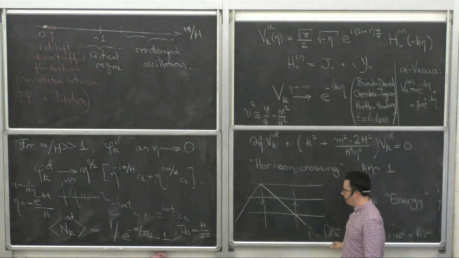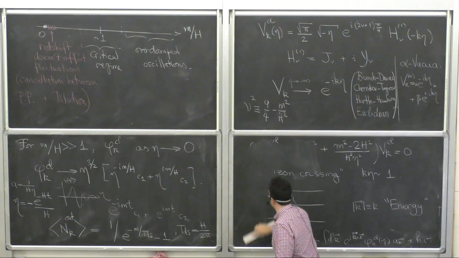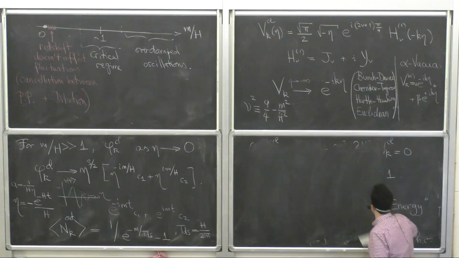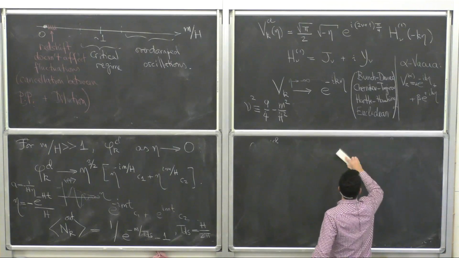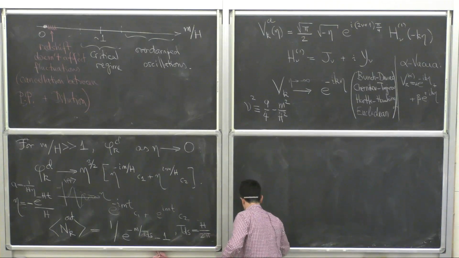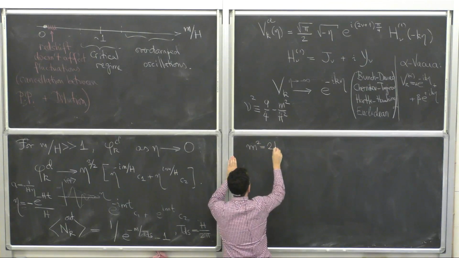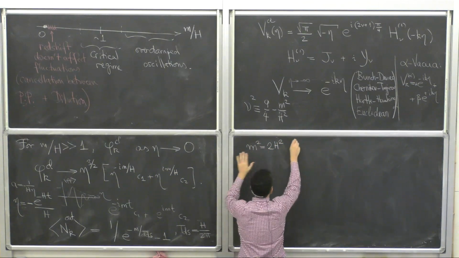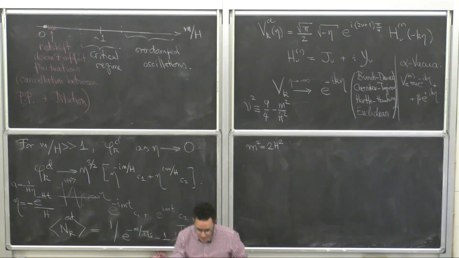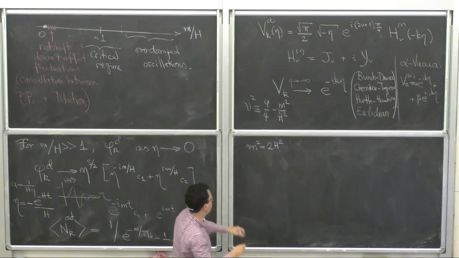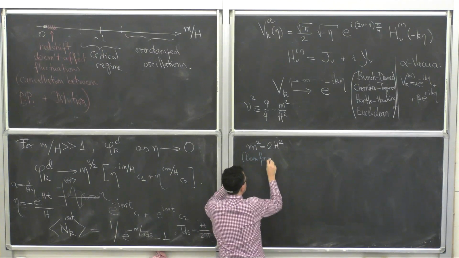Let me emphasize two particular cases of the mass. One is m squared equals 2H squared. I'm sure I will not be consistent, but in my notes, this is in blue.